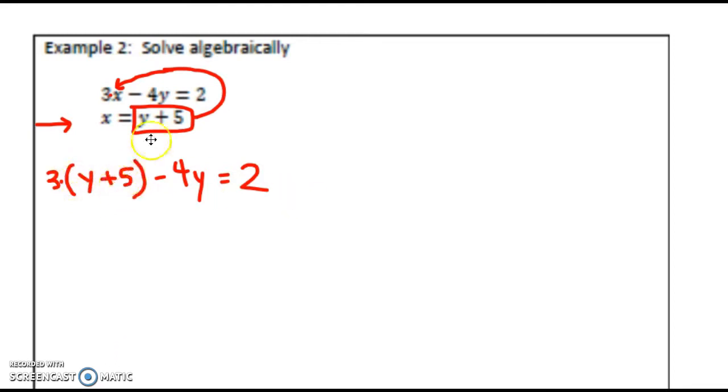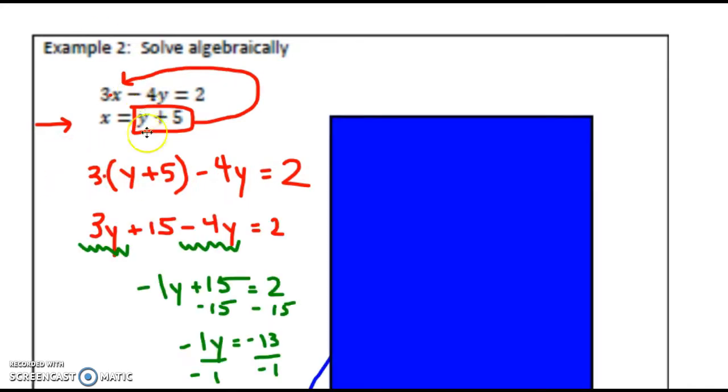Since we replaced or substituted the value of x, that's why this y plus 5 is in there now. You know that this needs to get multiplied against 3, so we're going to distribute. When you distribute, you should get 3y plus 15. From here, we know that when we're solving equations, we will combine like terms.